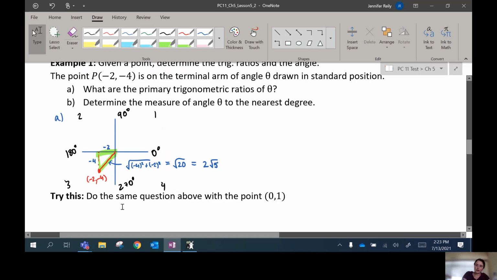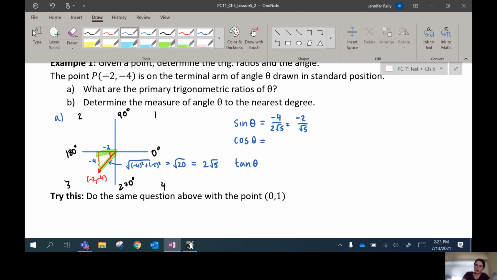Now let's write our trig ratios: sine, cos, and tan. Sine is opposite over hypotenuse, so y over r, so it'd be -4 over 2√5. We can reduce this fraction to -2 over √5. Cosine would be adjacent, and remember, this is the reference angle here, so we're using that to label the side.